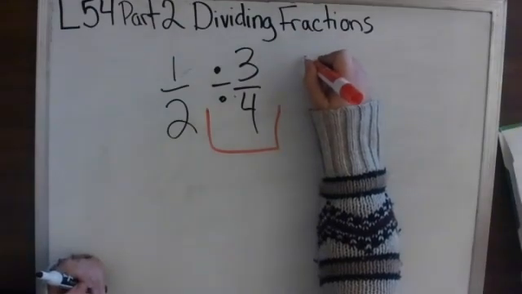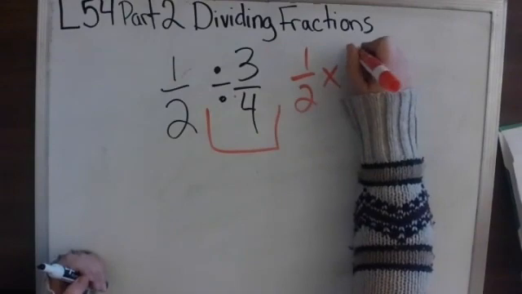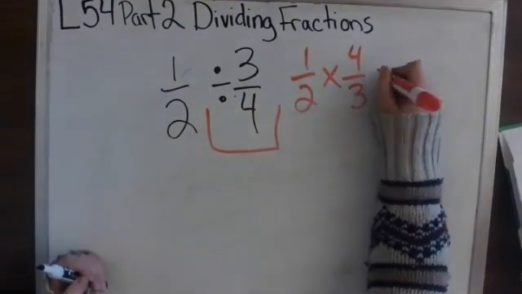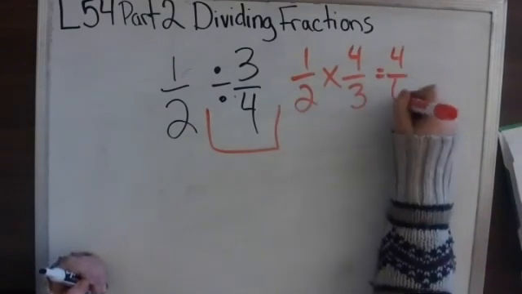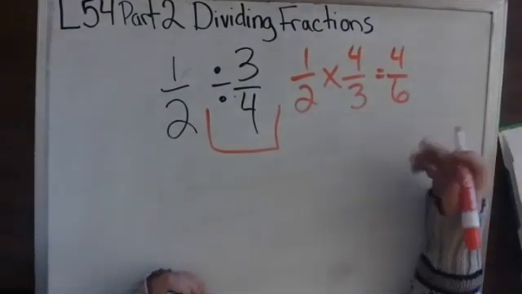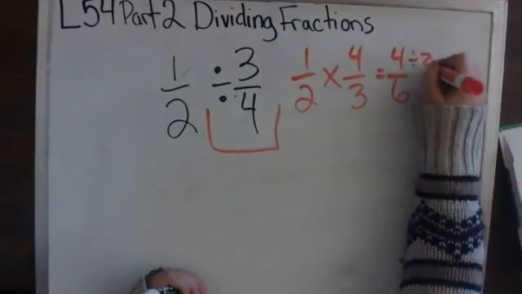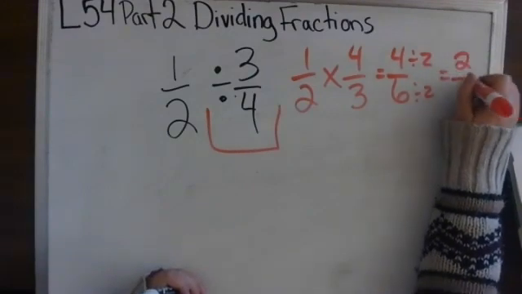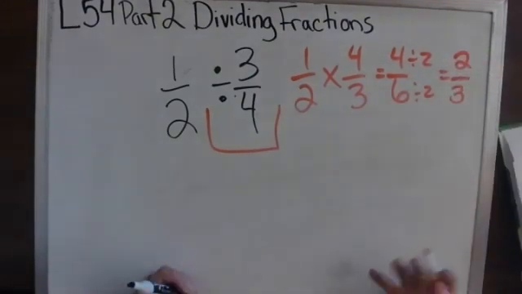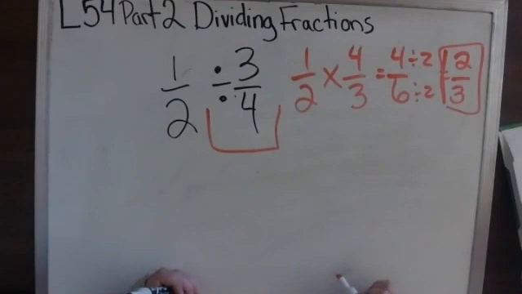So reciprocal would be 1/2 times 4/3. 1 times 4 is 4. 2 times 3 is 6. Okay, is that lowest terms? No, it is not. I can divide both of those by 2. That becomes 2/3. Is it lowest terms? Yes, it is.